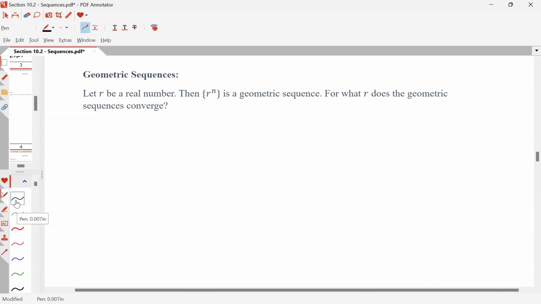So we want to know, for which common ratios does the geometric sequence converge? Breaking it down into some different places the common ratio could be: if r is bigger than 1, for example, suppose r equals 2, then if I looked at the sequence 2 to the n, I would get the sequence 2, 4, 8, 16, 32, and so on.